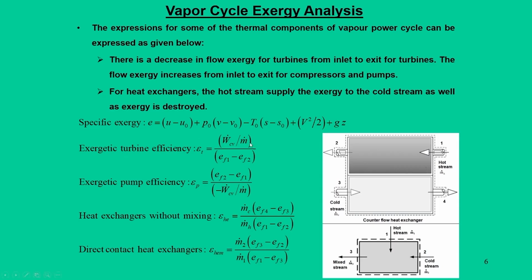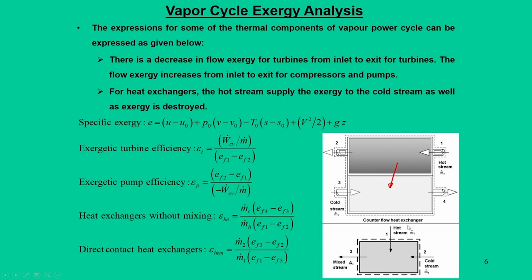Now, when you talk about the heat exchanger unit, there are two possibilities. One is where the fluids are not mixed. Like in a counterflow arrangement, we have a hot stream that comes in and goes out, and in another channel we have a cold stream that enters and goes out. Through this process the cold fluid receives heat from the hot fluid, and of course they do not mix, and their flow rates can also be different.